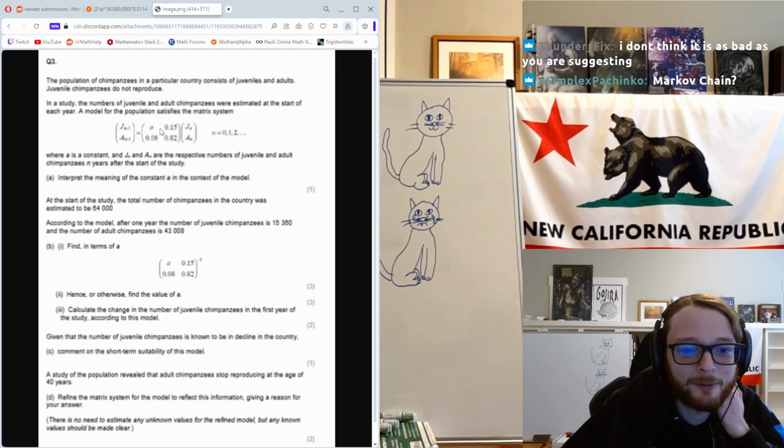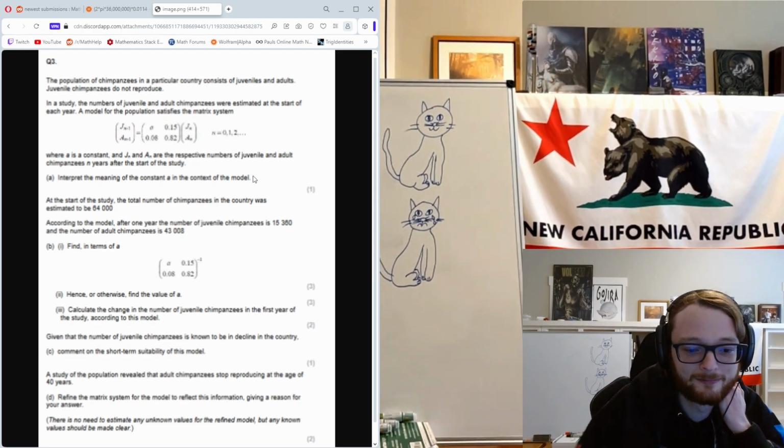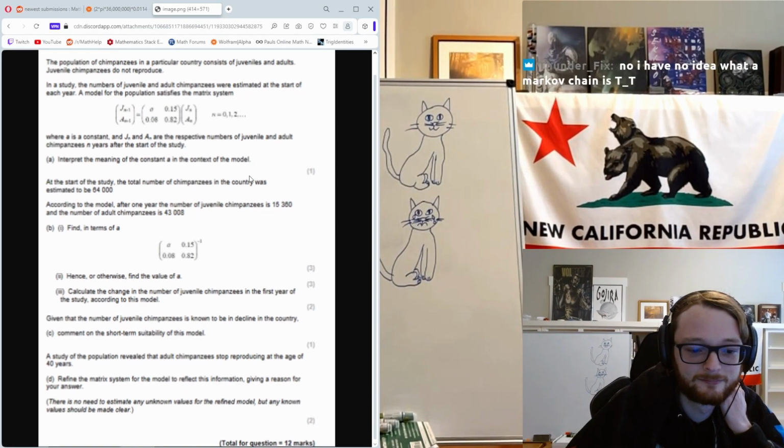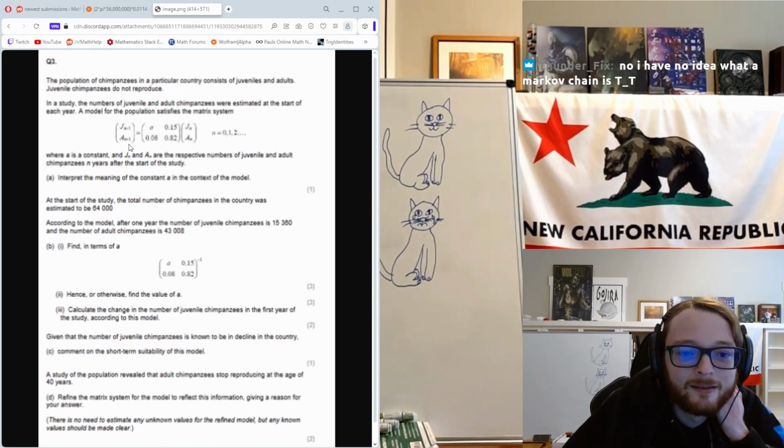Okay, so there's a small a right there as a constant. J sub n and a sub n are the respective numbers of juvenile and adult chimpanzees n years after the start of the study. Determine the meaning of the constant a in the context of the model.